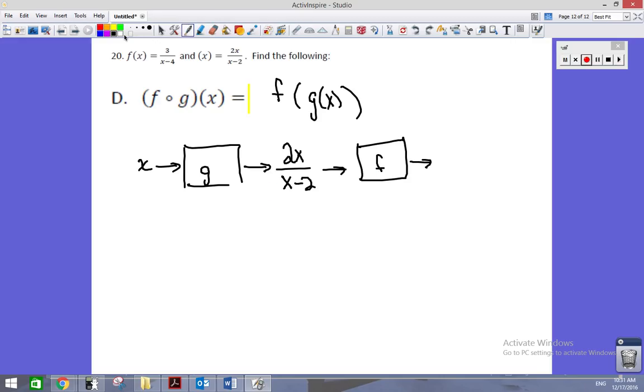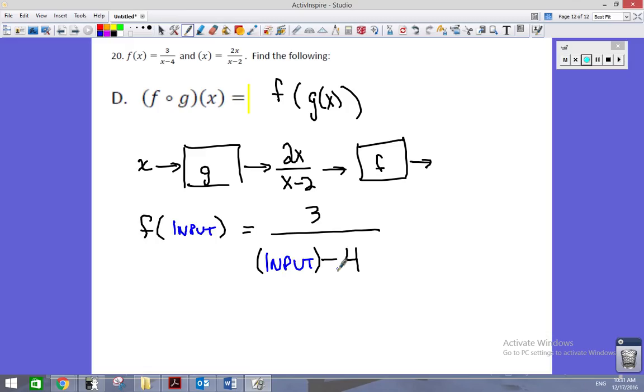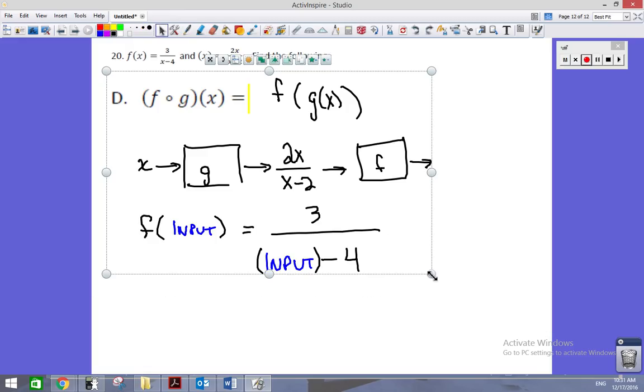Let's think about that for a second. f will take whatever input you give it, and this time we're giving it a variable fraction, and f will always create a fraction with 3 in the numerator, and in the denominator it'll take that input and subtract 4 from it. So whatever the input is, we see it down here in the denominator, and then take 4 away from it. Alright, so let's do that, and then we'll have our final answer.